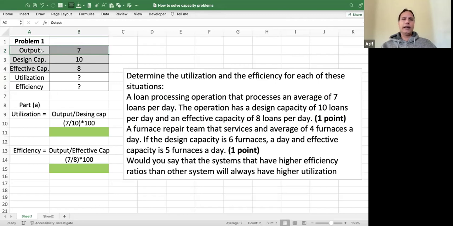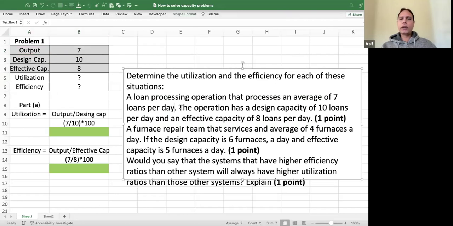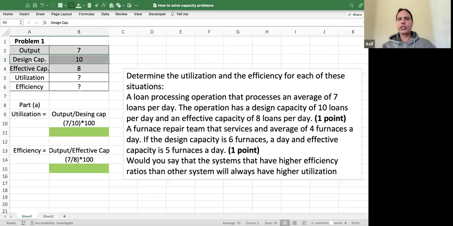So you enter data here, and then it says the operation has a design capacity of 10 loans per day. Well, this is straightforward. It's explicitly mentioned that 10 loans per day is design capacity. So we'll add here design capacity as 10. You can write design capacity, or sometimes you can write the abbreviation DC.